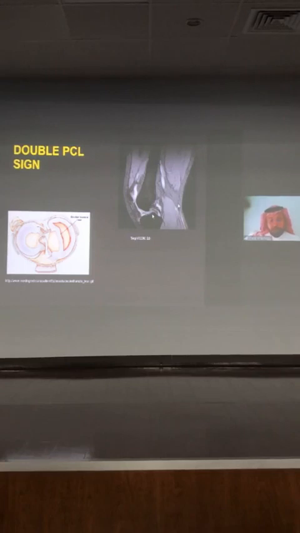This is the posterior cruciate ligament, and there's another fragment seen beneath it that looks like another PCL, but this is actually the flipped fragment that went underneath the PCL, and that's why we call it the double PCL sign. It is indicative of a bucket handle tear of the medial meniscus in this case.